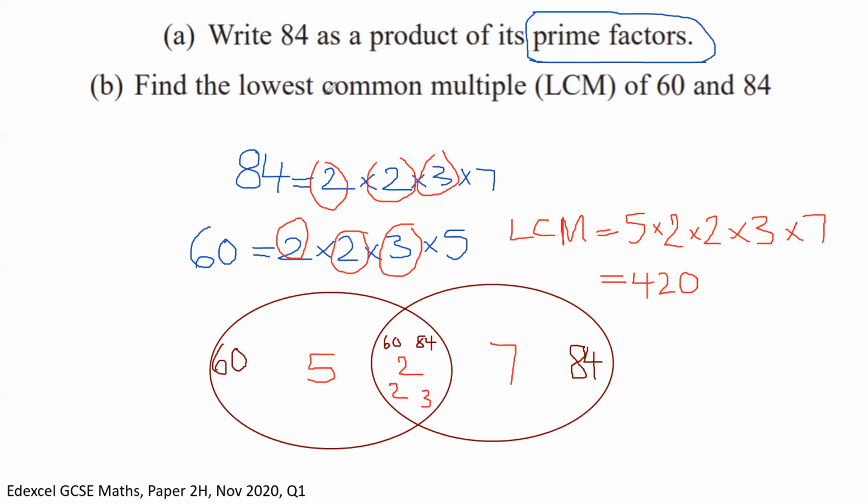And the lowest common multiple is the smallest number that is a multiple of both 84 and 60. So you can times 60 by something to make 420, and you can times 84 by something to make 420. And this is the smallest number that both 84 and 60 are factors of.